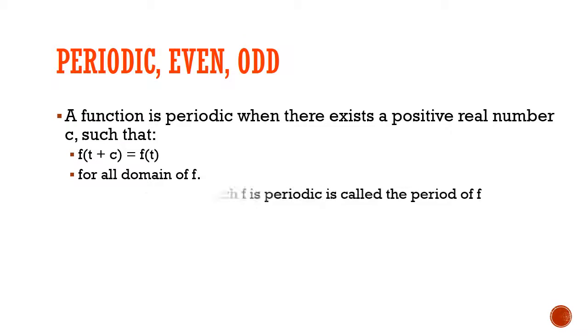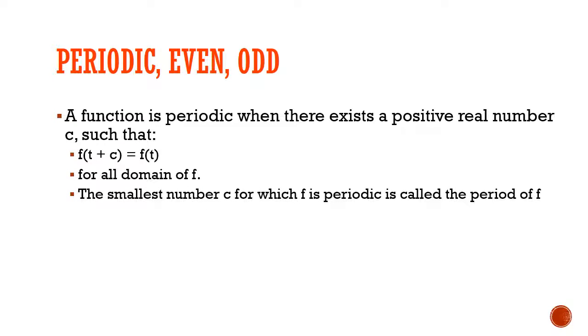And that has to happen for the entire domain. The smallest number that makes that happen is called the period of the function. So all of our trig functions are periodic. Sine, cosine, and their reciprocals have a period of 2 pi. Tangent and cotangent have a period of pi, and we'll talk about that later.